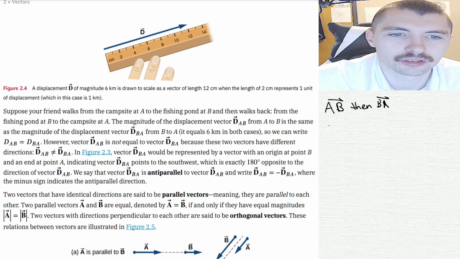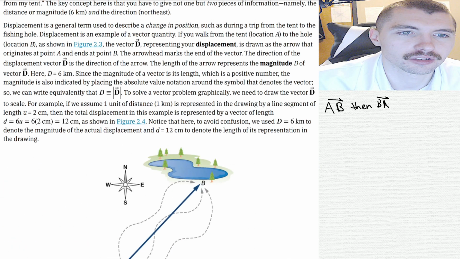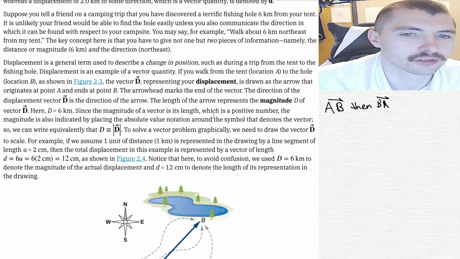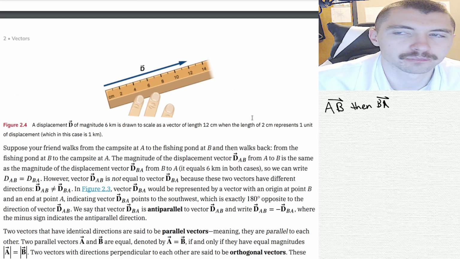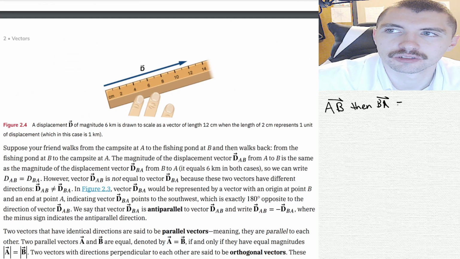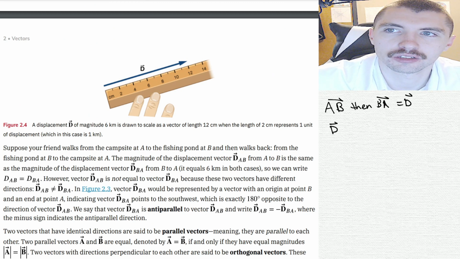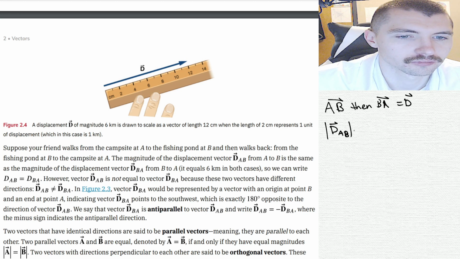So call these D. So D_AB equals D_BA in magnitude.